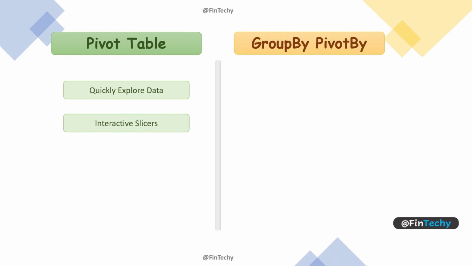That's one powerful feature pivot tables have. With slicers, you can filter your data interactively, like clicking buttons, which is something GROUPBY or PIVOTBY functions can't do right now. Also, if you are someone who prefers working without formulas and just want quick insights, pivot tables are still the easiest way to go.